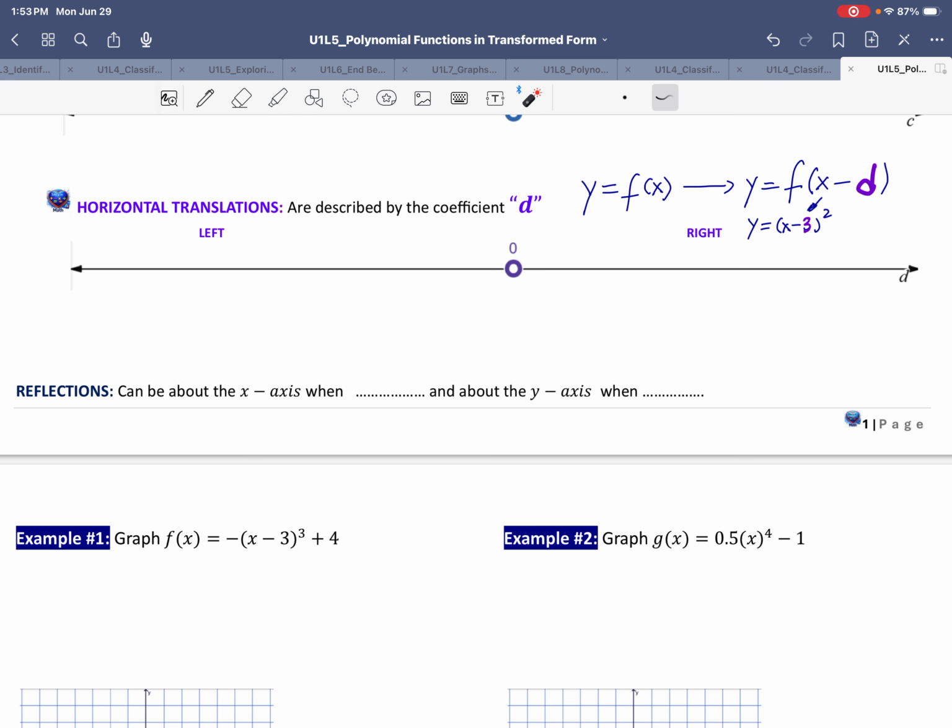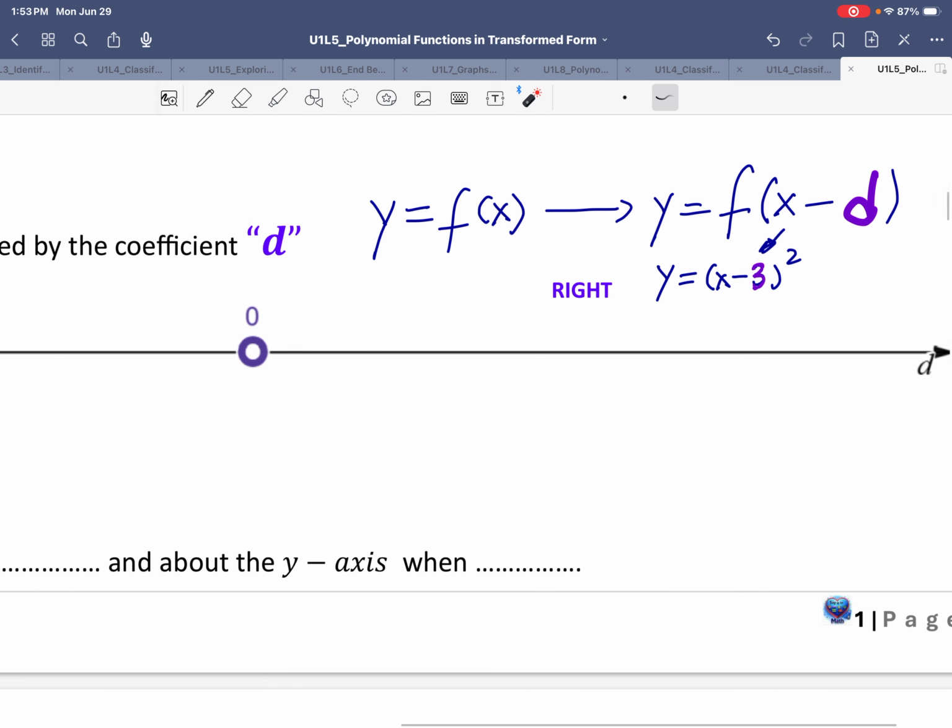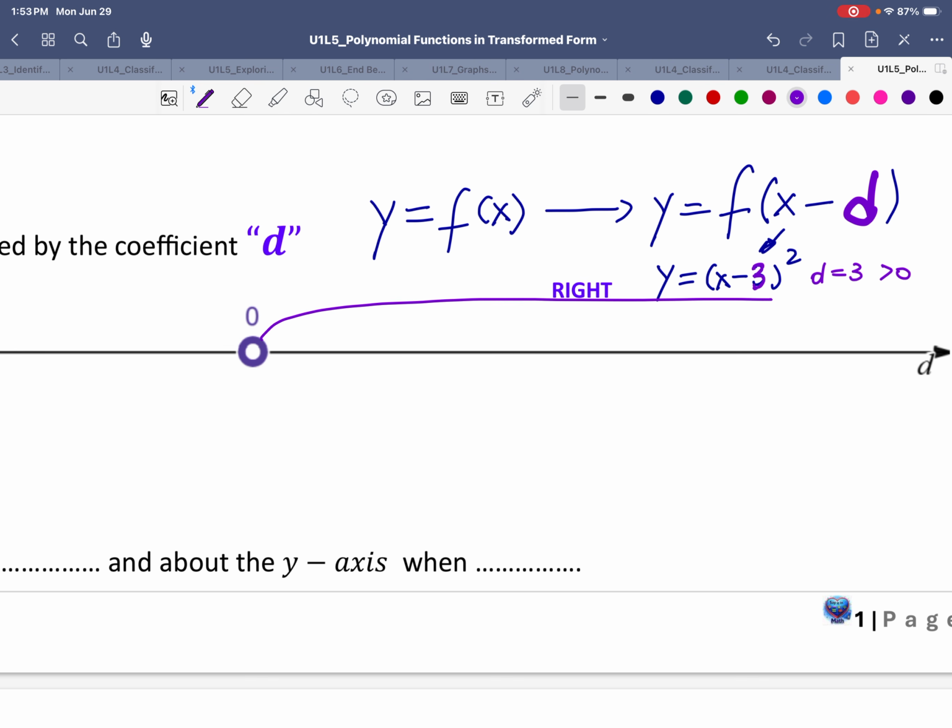That is because we treated this as a part of the equation, and the value of d would be the number being subtracted from x, and the horizontal translation will happen to the right. So that makes d equal to 3, which is positive, which means the graph of this function will move 3 units to the right.